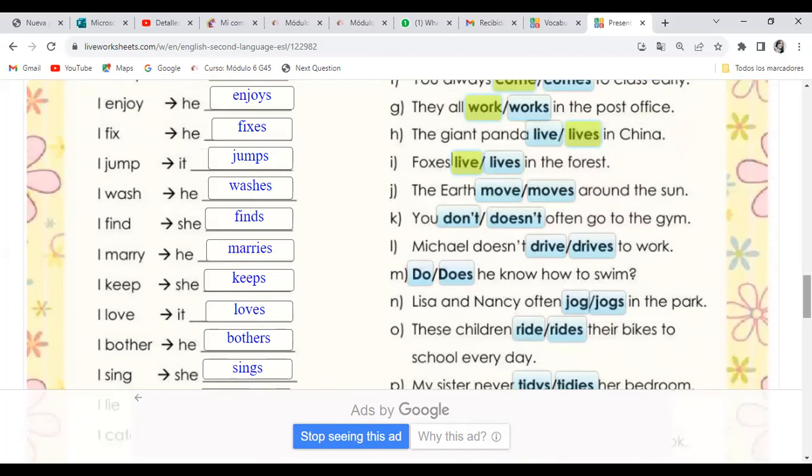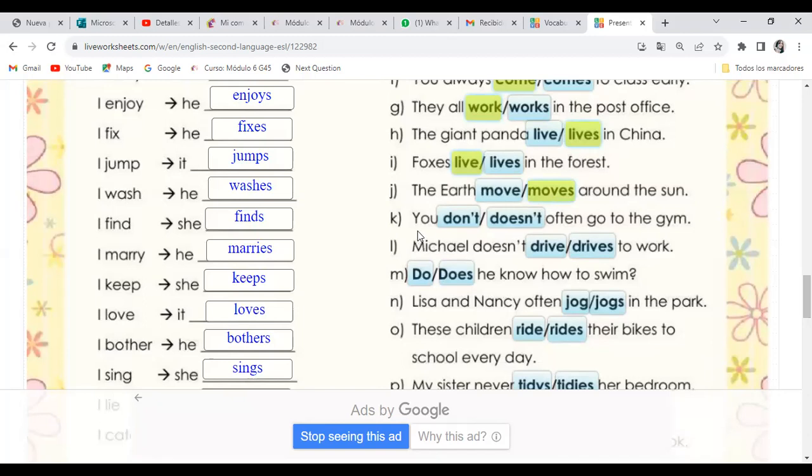What do you think? Moves. Claro, porque la Tierra la podemos sustituir por it. Sí, estamos hablando de la Tierra. Es singular, ¿están de acuerdo? The earth moves around the sun.